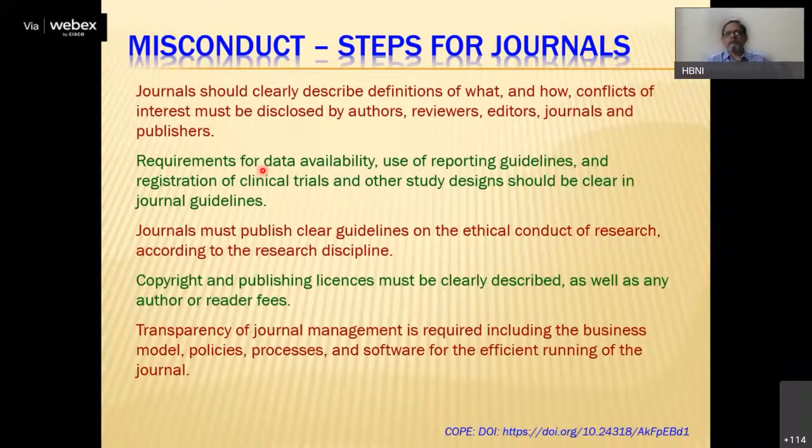Earlier, when the manuscript came to the journal, they only looked at the graphs. They didn't know what the data behind each graph was. But now it is important that the data also must be made available if required to the journal.